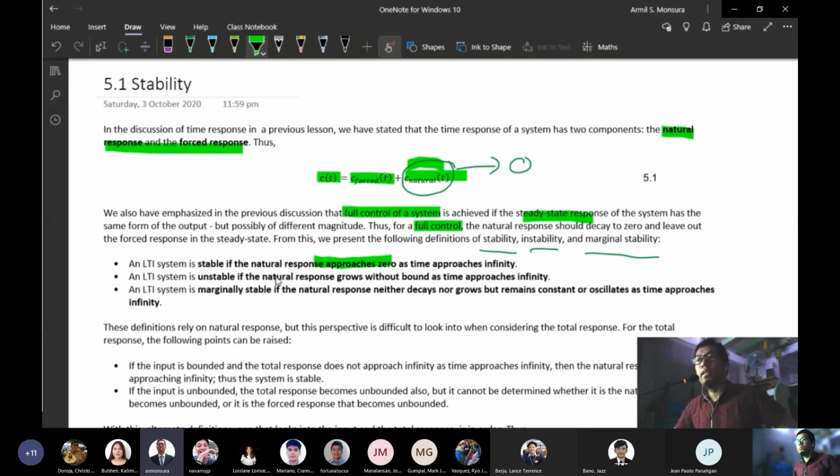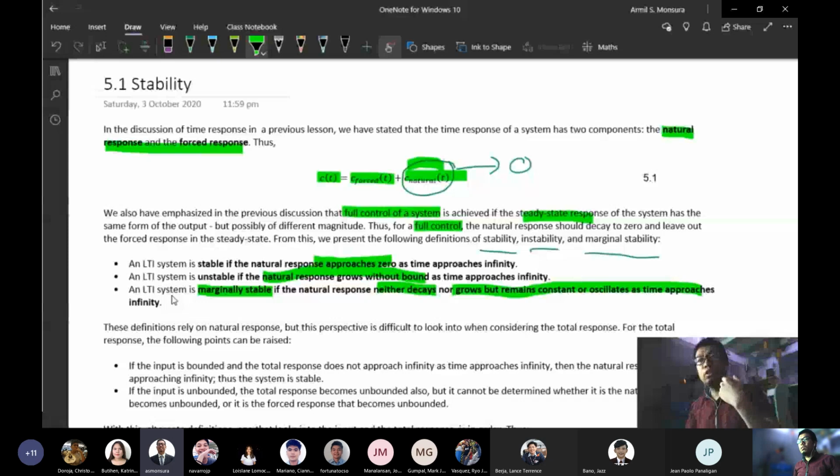Now, otherwise, if the natural response grows without bound as time approaches infinity, then you can say that your system is unstable. And then, finally, an LTI system that is marginally stable, if the natural response neither decays nor grows, but remains constant, or oscillates as time approaches infinity.